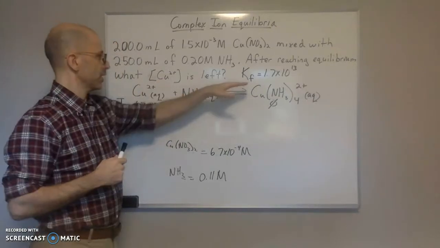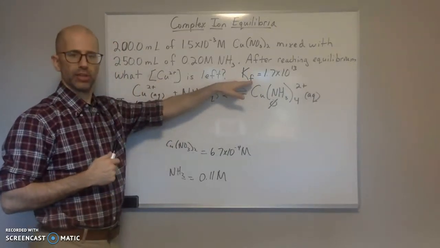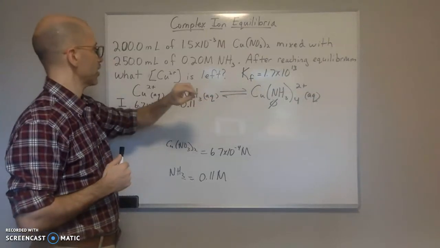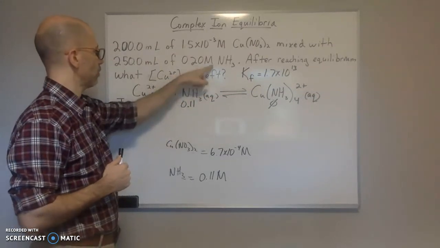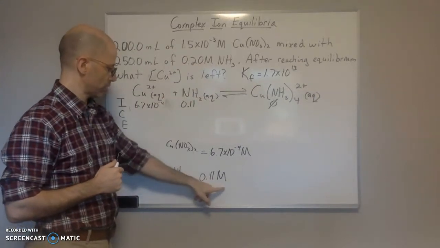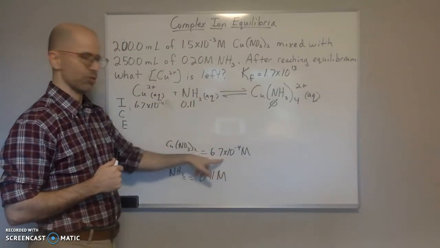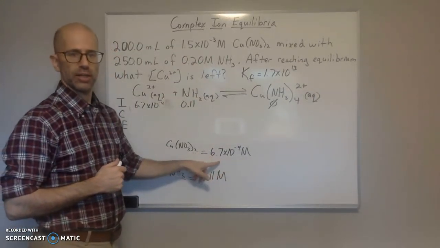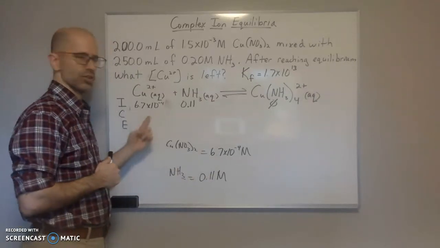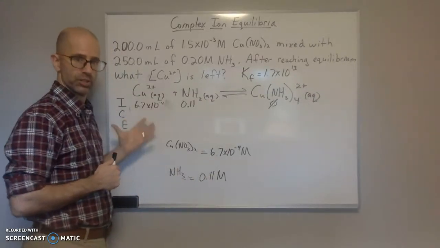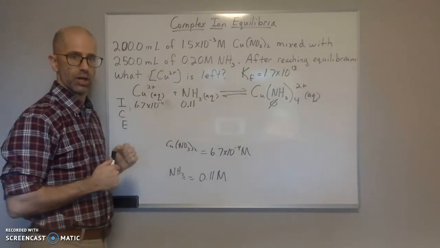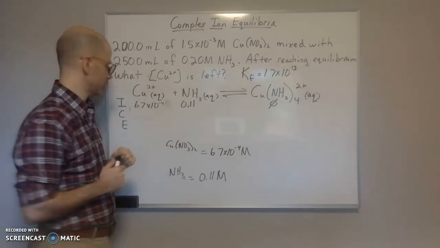Also given that this formation constant is so huge, and in addition to that, the concentration of ammonia that they're giving us here is much greater than the concentration of the copper, we can assume that most of this is going to go into formation of the complex.